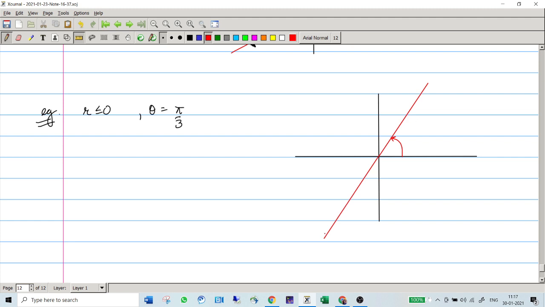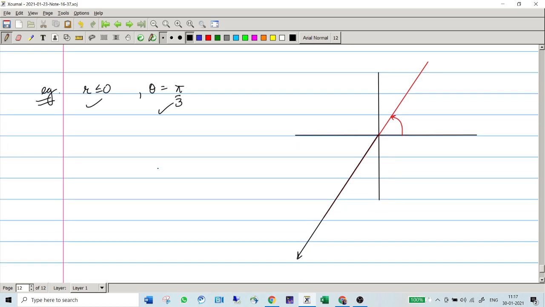And because r is less than or equal to 0, it would be somewhere along this line, so your graph for this happens to be this particular line till infinity, right? So this in black gives you the graph for the set of these two equations, right?